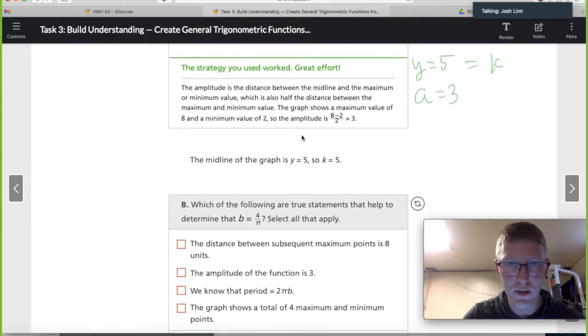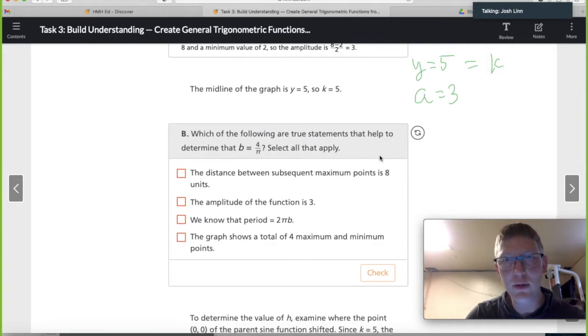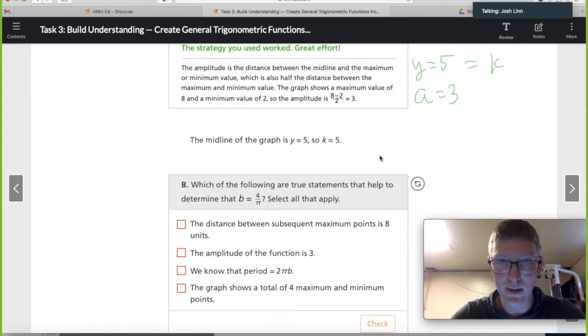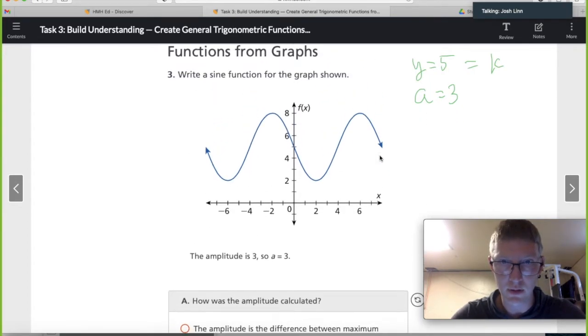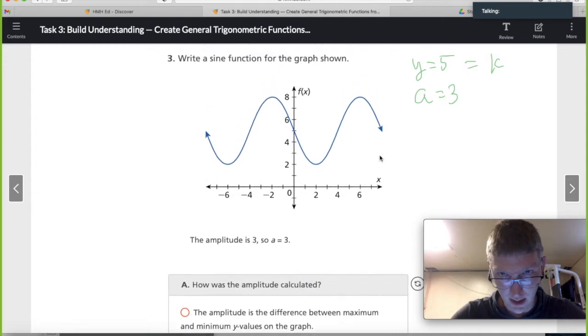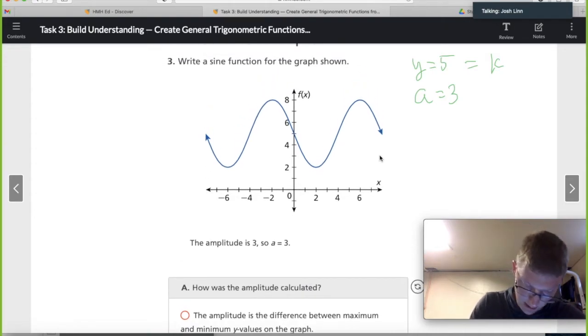That's what I wrote down up here. Which of the following are true statements that help to determine that b is equal to 4 divided by pi? Remember, b is about our period. And so that's going from here to there.